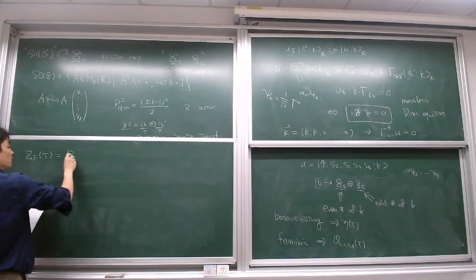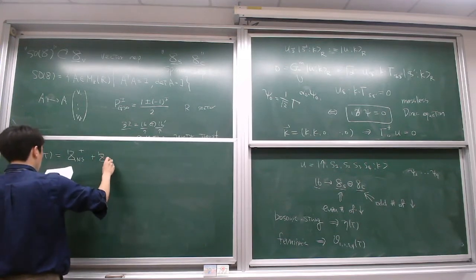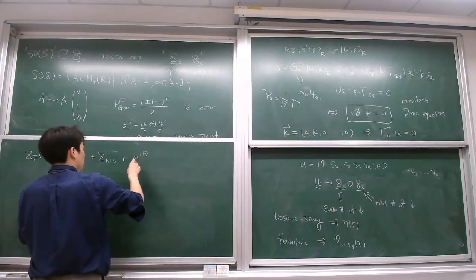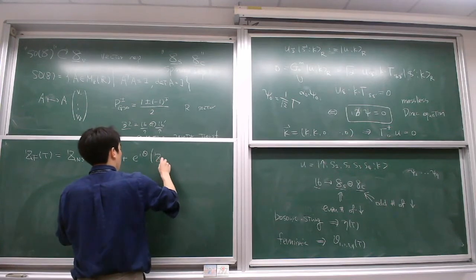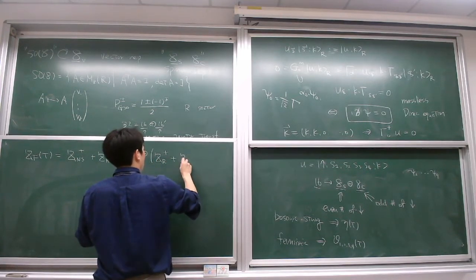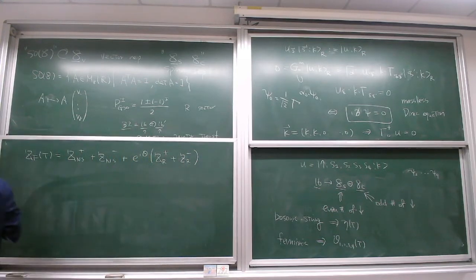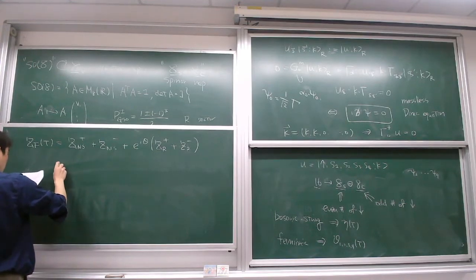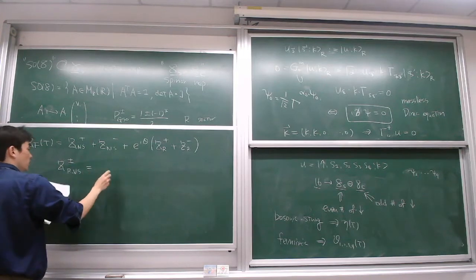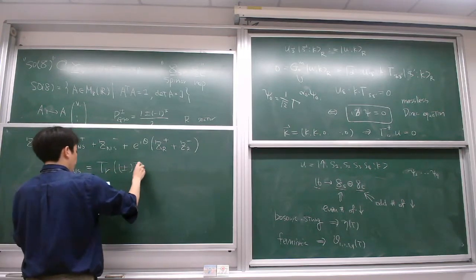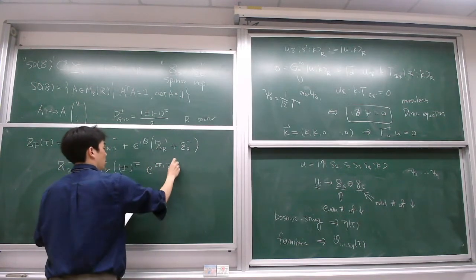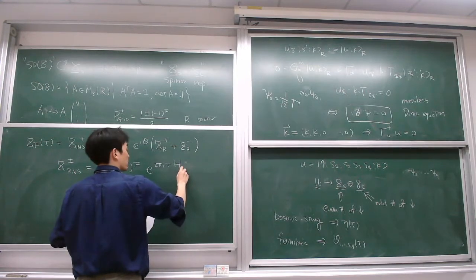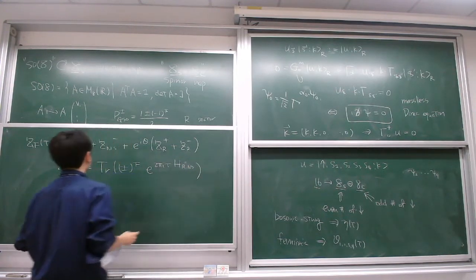So this is Z_NS plus Z_NS minus, plus e to the some phase we will introduce times Z_R plus, plus Z_R minus. Remember, we have a tau, and Z_NS or R plus or minus is the trace of (plus or minus 1)^F times e^(2 pi i tau H), with the Hamiltonian in the NS or the Ramond sector. So this is the definition of the partition function.